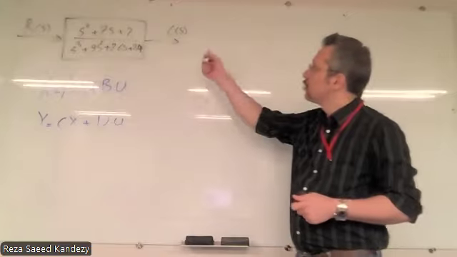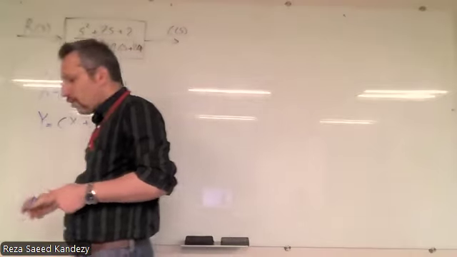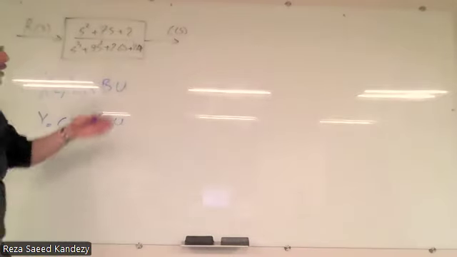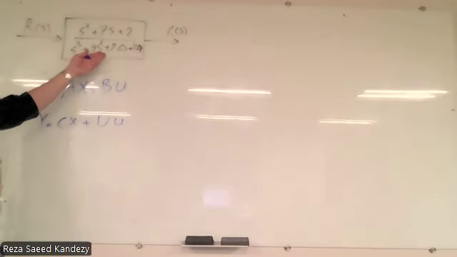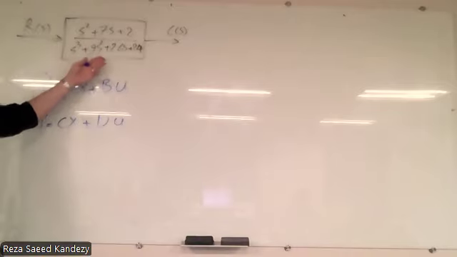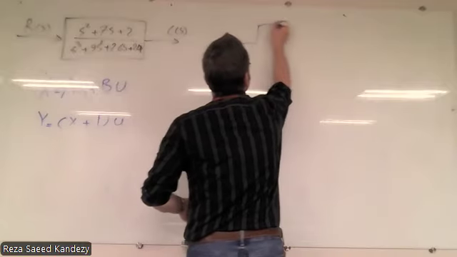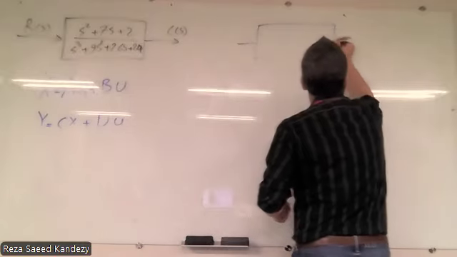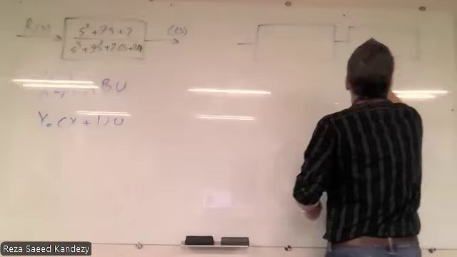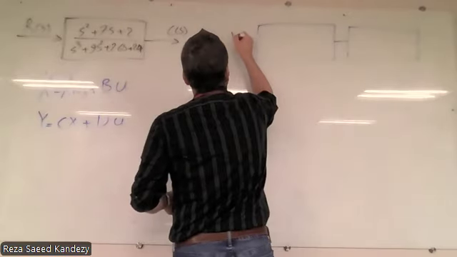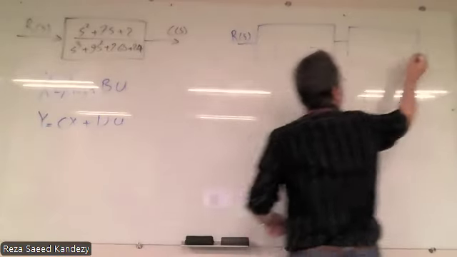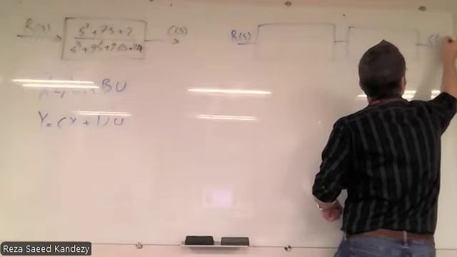We already learned how to deal with the block diagram, and we know we can separate such a transfer function, such a block diagram, into two series block diagrams, starting from the input and ending at the output.